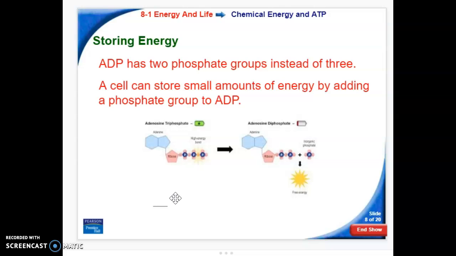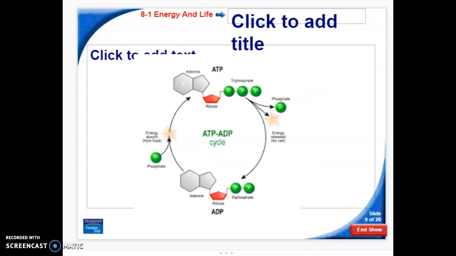Your cell is very efficient because it can store small amounts of that energy in the ADP, and it can add another phosphate group back onto it and turn it into ATP again. Here's the cycle that I'm talking about. You have your adenosine triphosphate up top with the 3 phosphate groups. You break that bond and it produces energy.